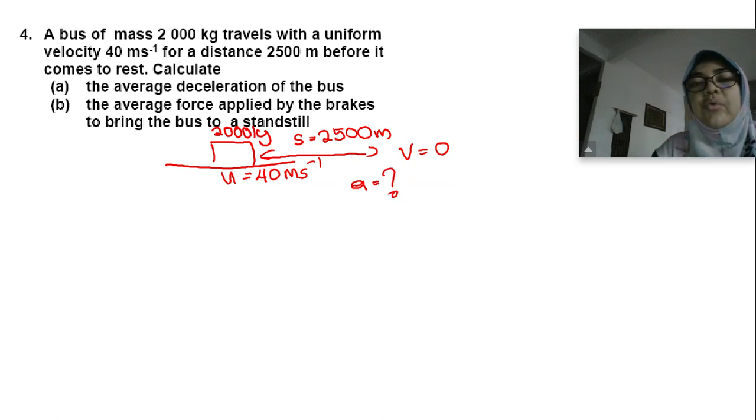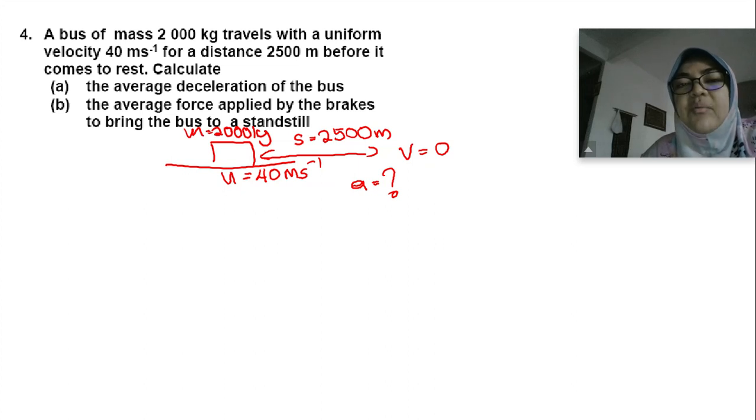Okay, so when we draw the situation, we can see clearly. We have the value of the mass, we have the distance, we know the final velocity, we know the initial velocity, and we are to calculate the acceleration.